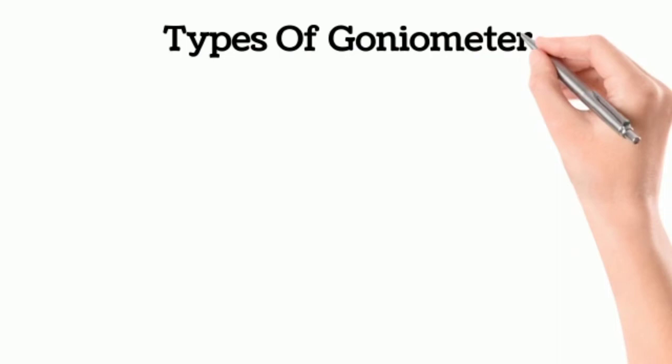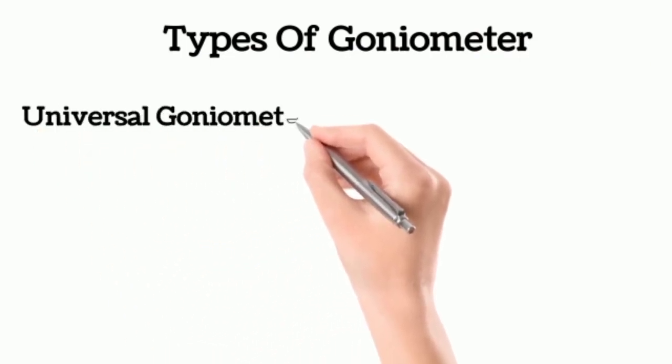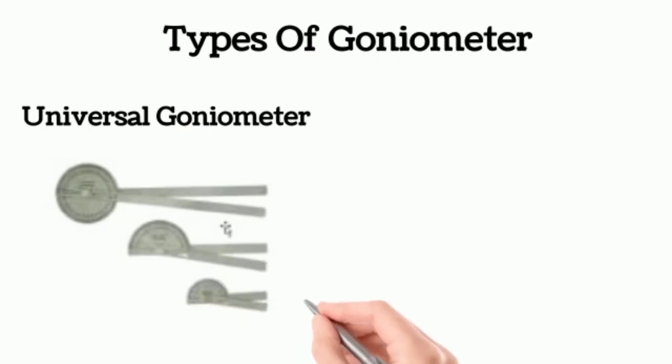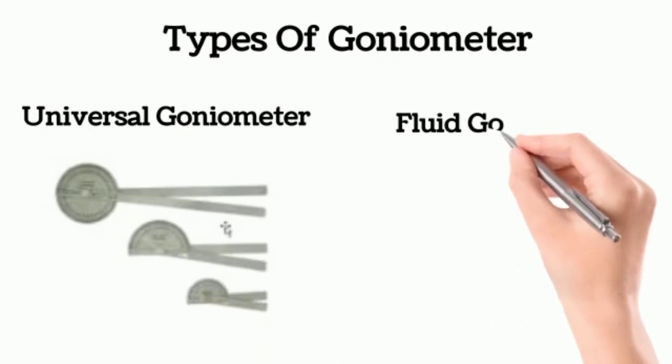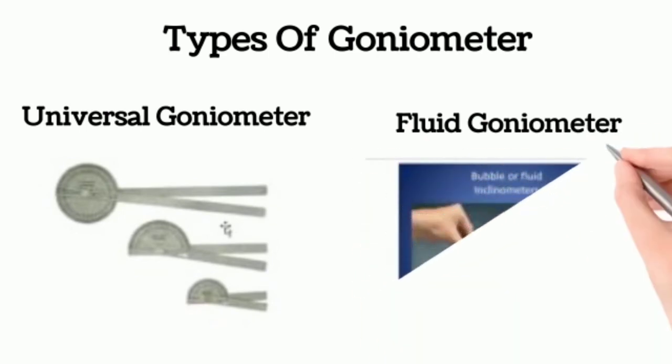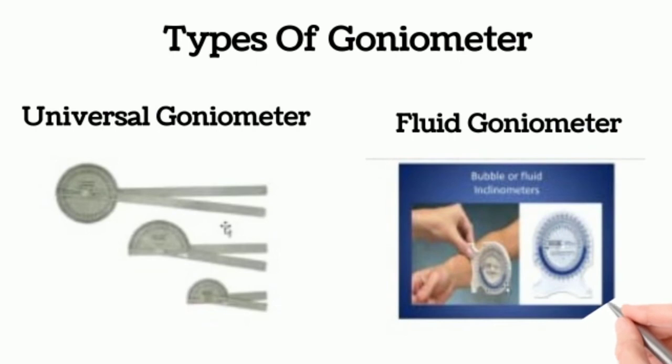First one is the universal goniometer. It consists of a stationary arm, a movable arm and a body. Now coming to the gravity dependent goniometer, it is also known as the fluid goniometer. It consists of a gravity affecting pointer and a fluid filled chamber with air bubbles. It resembles a carpenter's level meter.